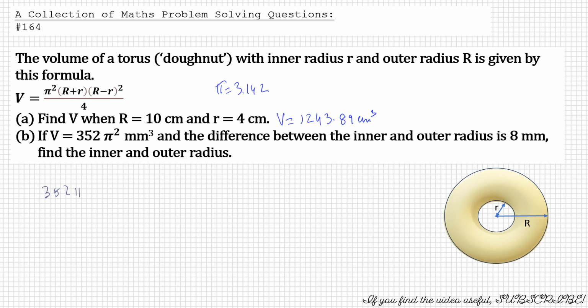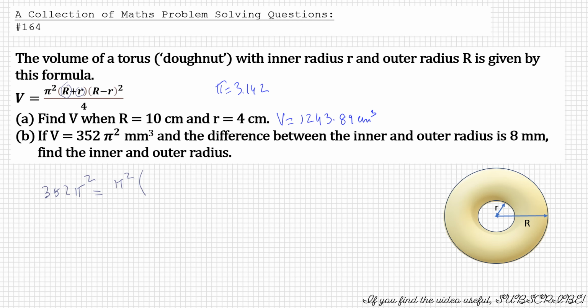So we will write down 352 pi squared equals pi squared, put down the same formula, times, now we don't know what the two radii are, so we assume the outer radius is capital R and the inner radius is smaller, small r.